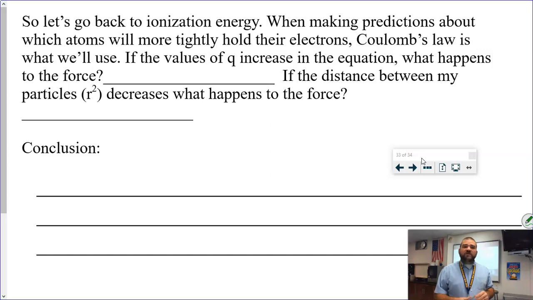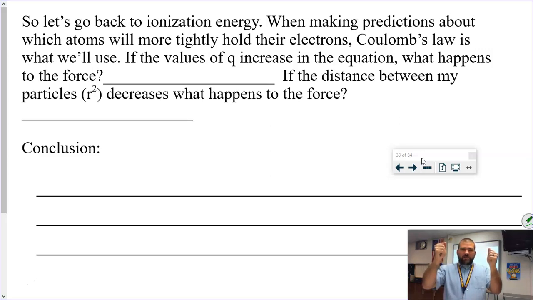All right. So if the values of Q increase in the equation, what happens to the force? Let me give you this scenario. I have -1 and +1. There's an attractive force between them. I now have -2 and +2. Same distance, but bigger charges.